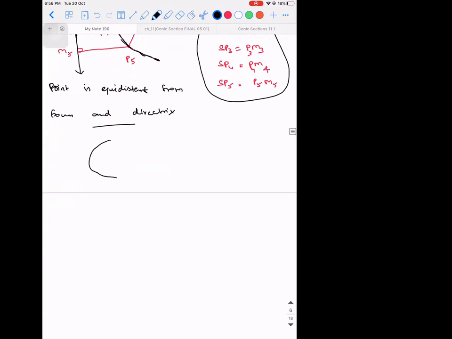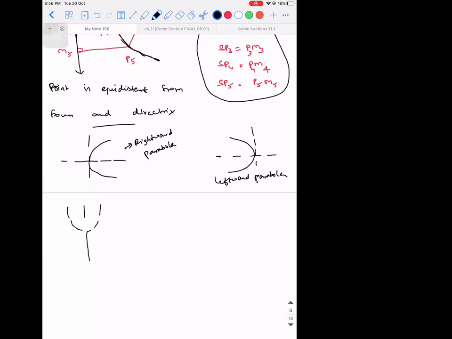If the convex side is facing right, we can call it a rightward parabola, or some people call it a C-shaped parabola. If the convex side is to the left, we can call it a leftward parabola. If the convex side is upwards, we can call it an upward parabola, and some people call it a U-shaped parabola.